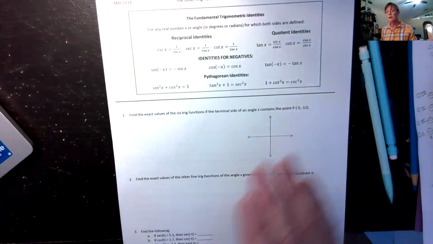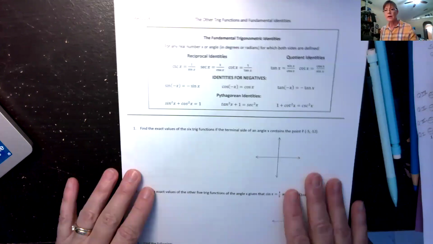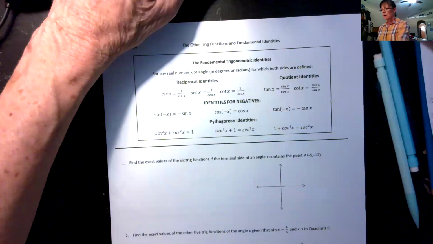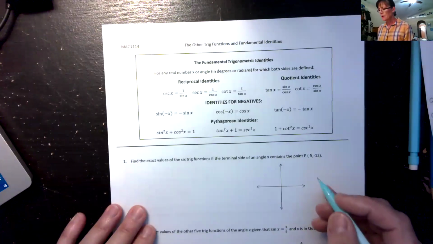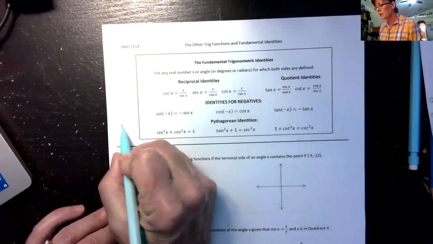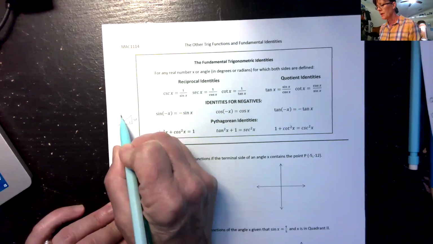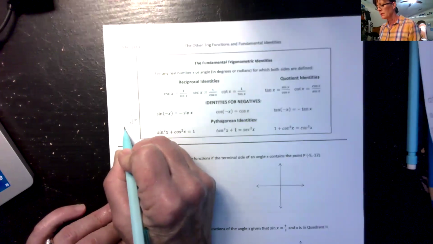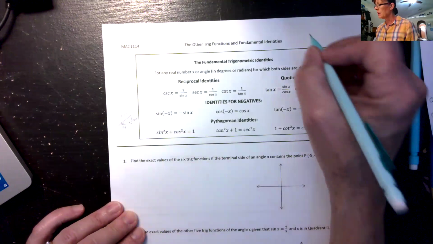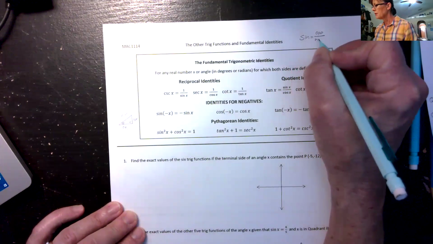Okay, so today we're going to learn the other trig functions. We have learned sine and cosine, and so we've learned that sine, if you have a right triangle, is opposite over hypotenuse.